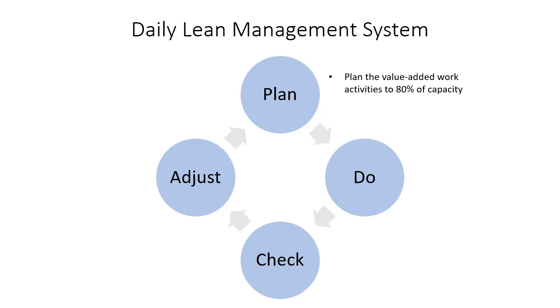You want to plan the work every day. You want to plan the value-added work. But you can only get so much work done in a day, and you want to reserve a bit of the capacity for the unexpected. So typically what you do is you schedule 80% of a day.